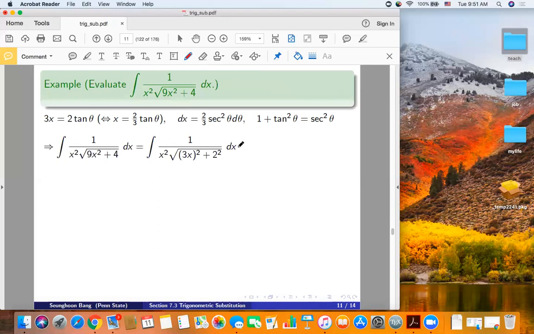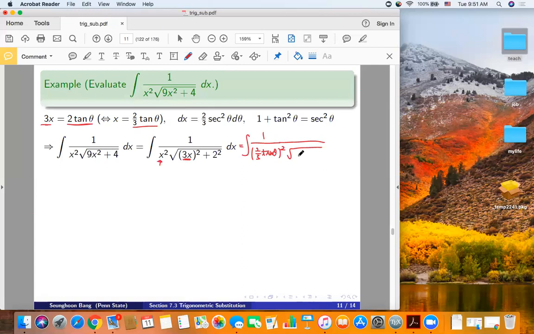So next, you can change it here. This is the same as the integral of 1 over, x is 2/3 tan theta, squared, times the square root of, what's 3x? 3x is 2 tan theta.